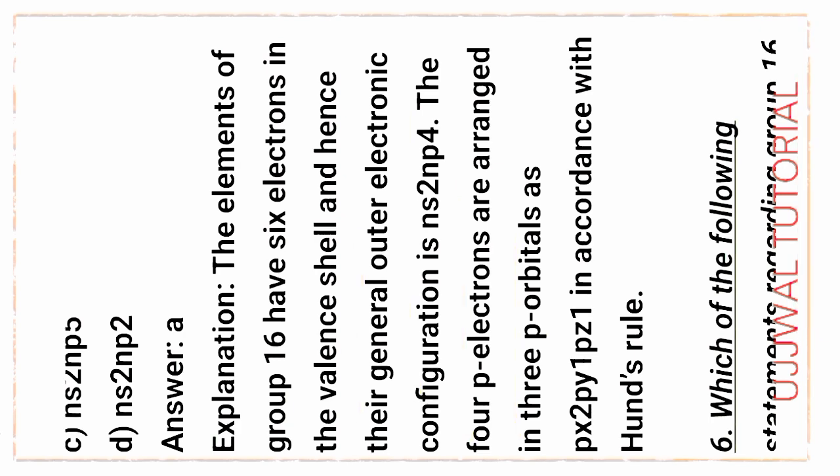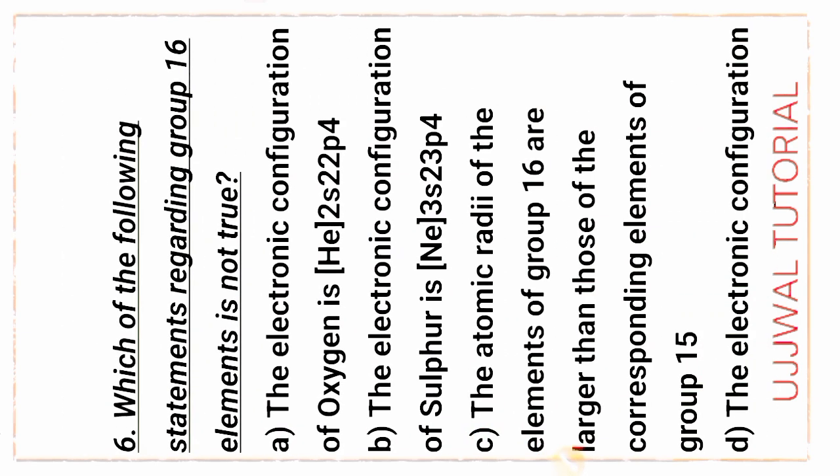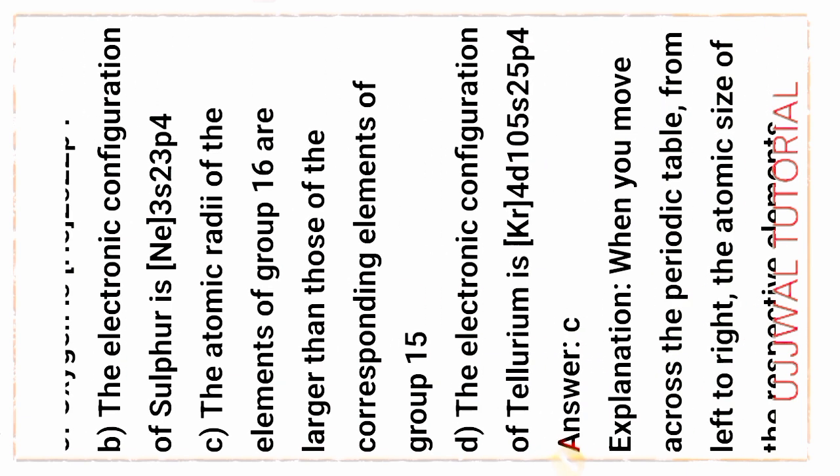Clear? Next question, question number 6. Which of the following statements regarding group 16 elements is not true? Option C is the appropriate answer for this question: the atomic radii of the elements of group 16 are larger than those of the corresponding elements of group 15.